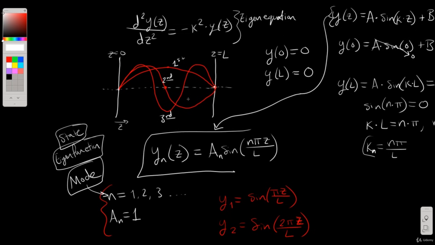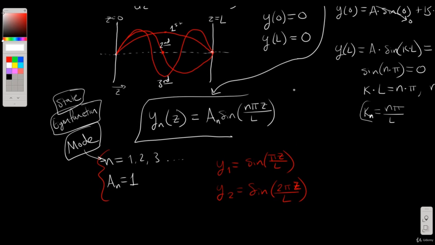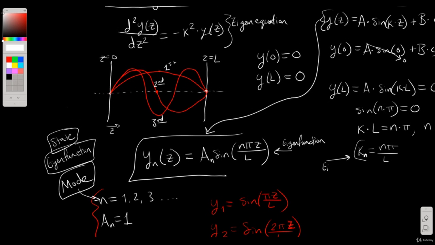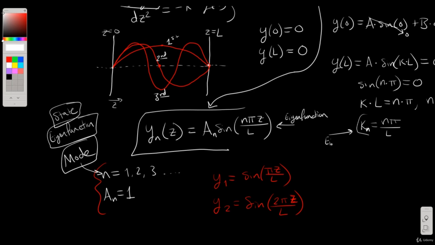And the eigenvalues of this particular equation, of this eigenfunction, would be this k sub n term. Strictly speaking, the eigenvalues would be minus k squared, which is minus n pi over L squared.